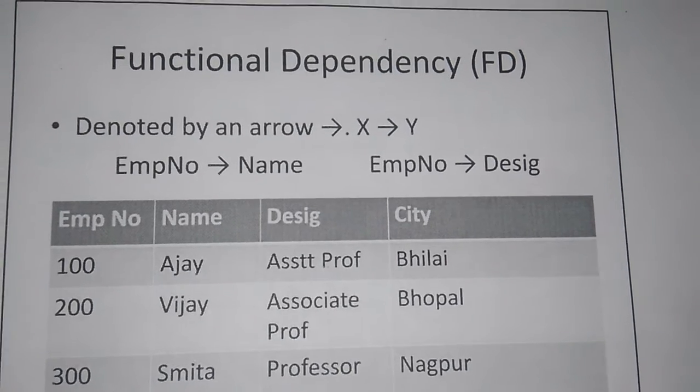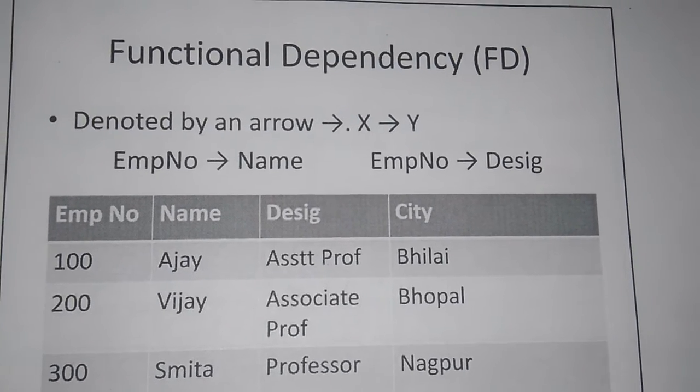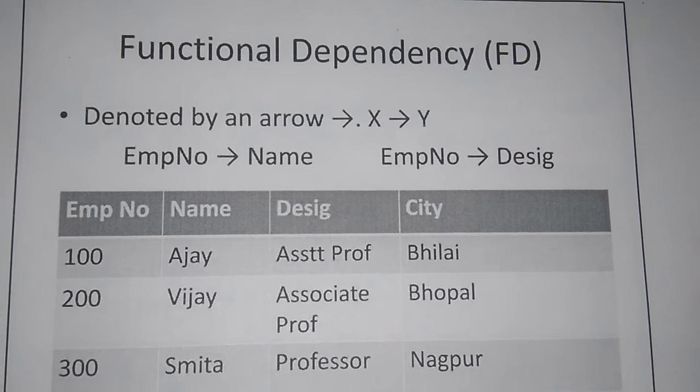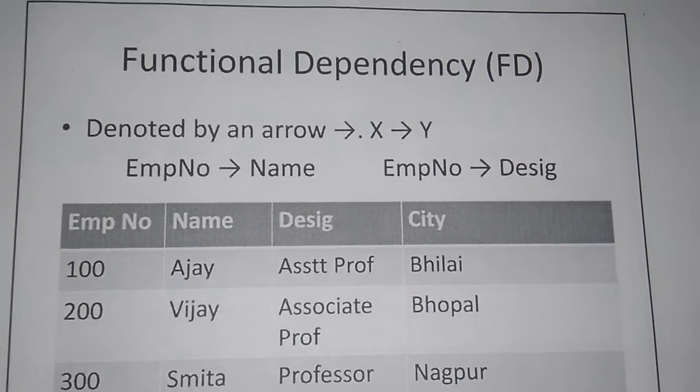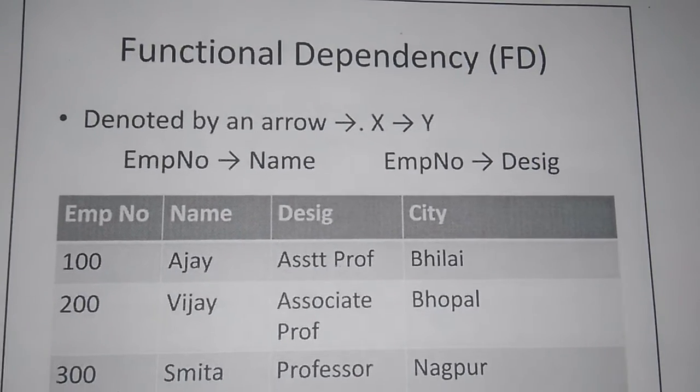Consider one more example. In this example, EMP number is a key attribute. Name, designation and city are non-key attributes, but they are related to the EMP number.